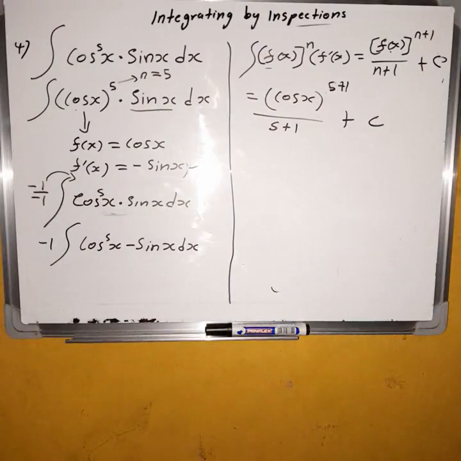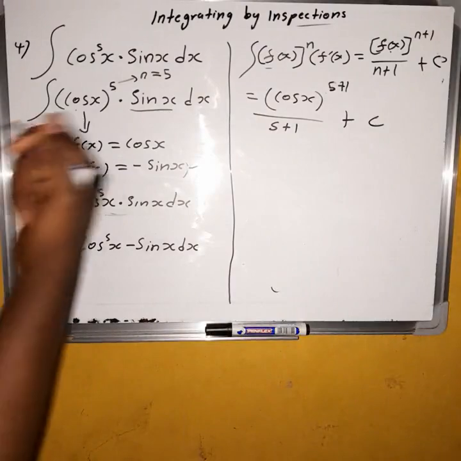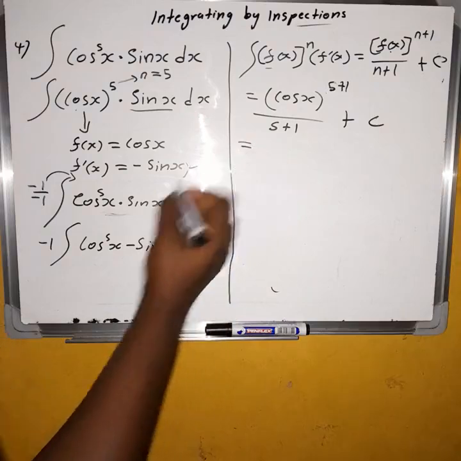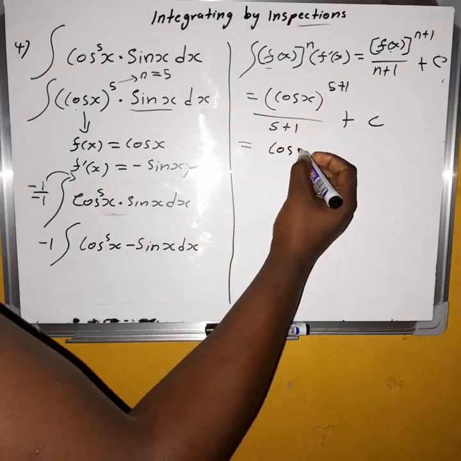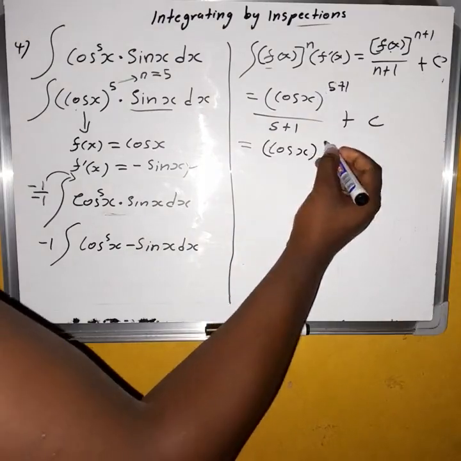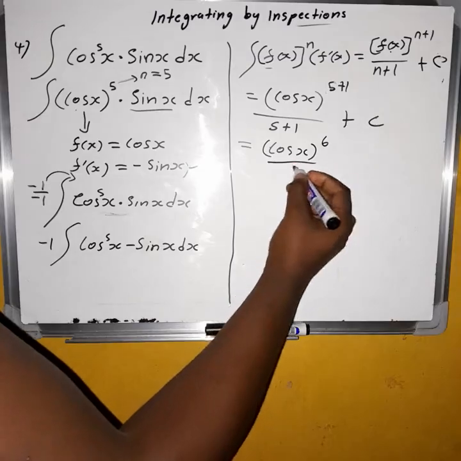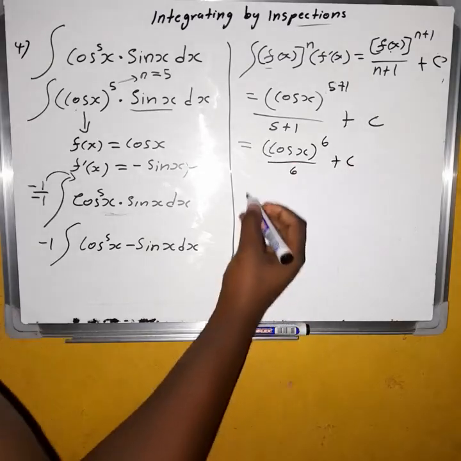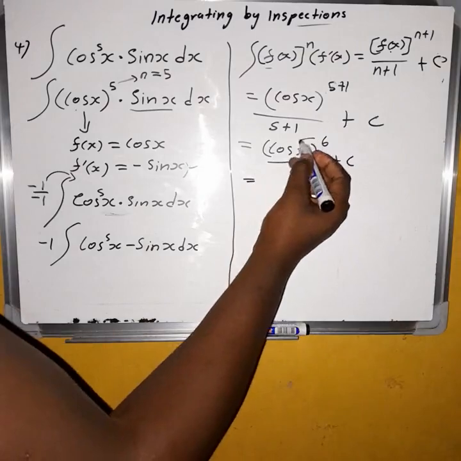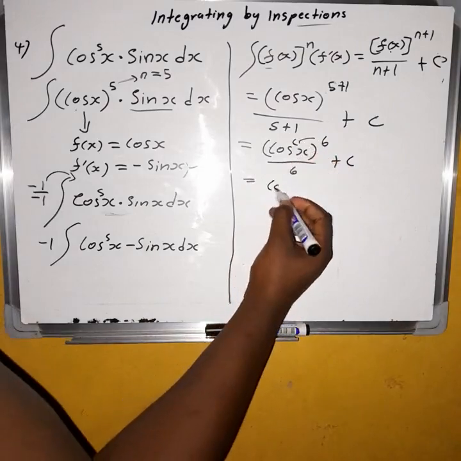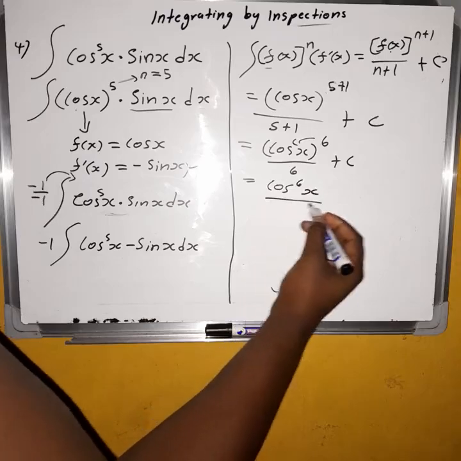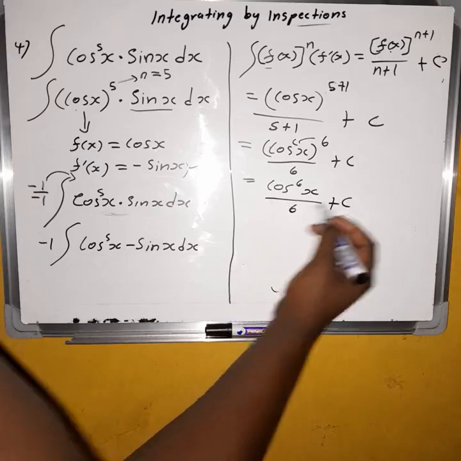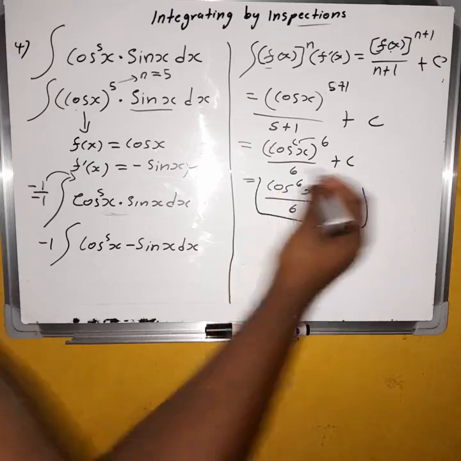Right, then simplify this further. We'll have cos x raised to the power 6 divided by 6, plus c. This is our answer.